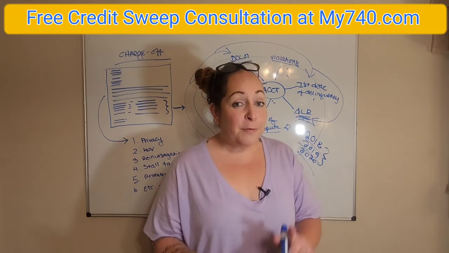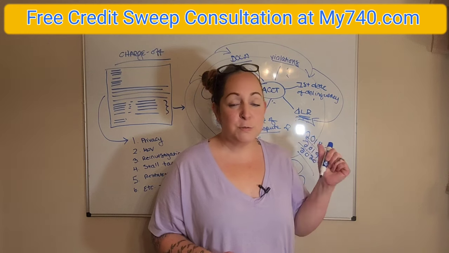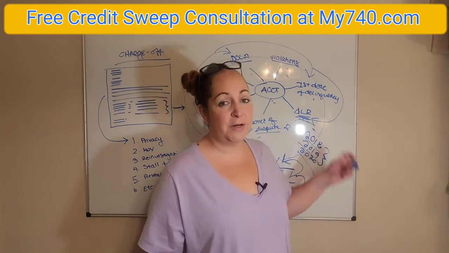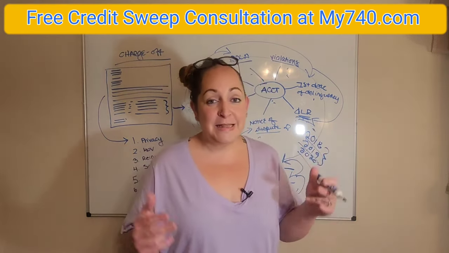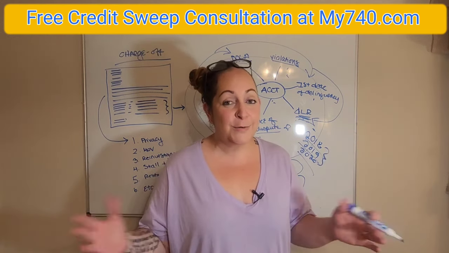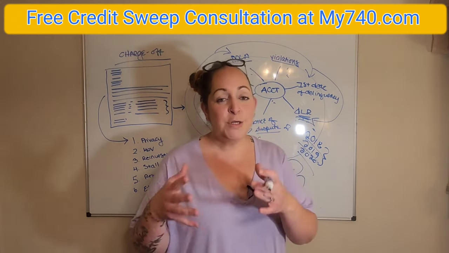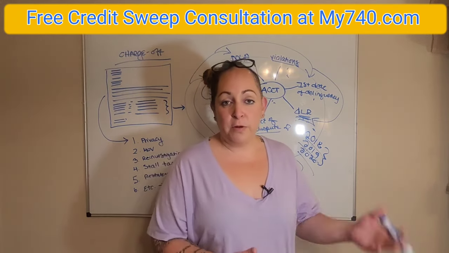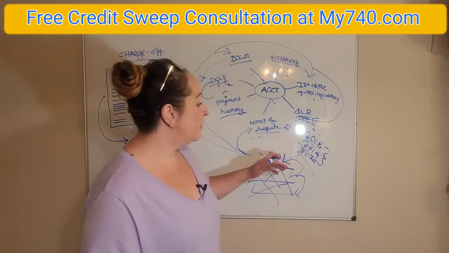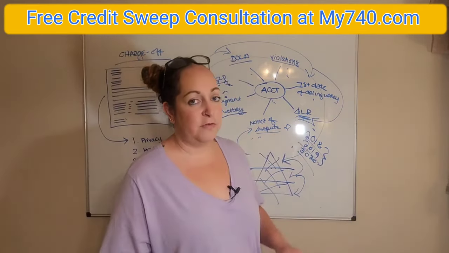Now that's a problem, because when the bureaus verify as accurate, they're actually supposed to update the date last reported to be when they updated this account, right? And if they didn't do that, to me, that just spells out they did not investigate, right? So you can use that to get the account removed. So the inaccuracy would be the date last paid, and then we can go after the date last reported.